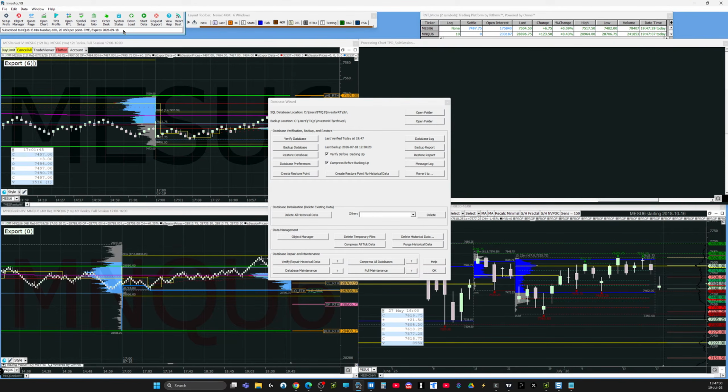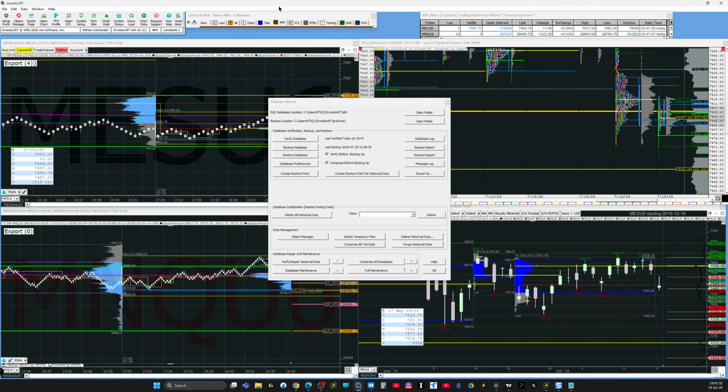Isn't that amazing? It reads everything, and you see it already pulled in the settlement. And then lost the settlement for the MNQ. I'm not so worried about that. It'll download everything, and then it's updating all the stuff here, and there we go.